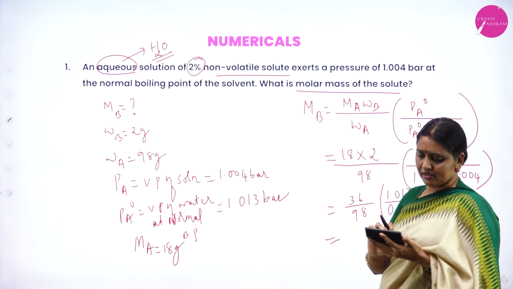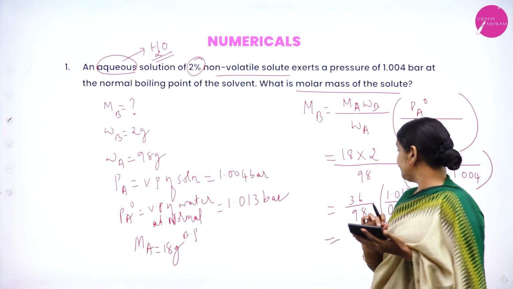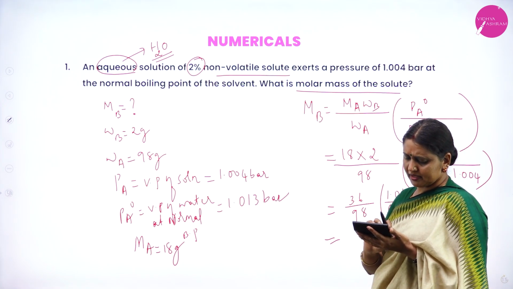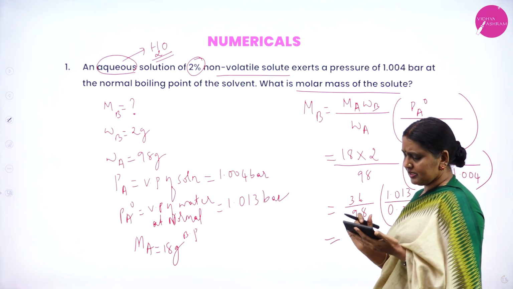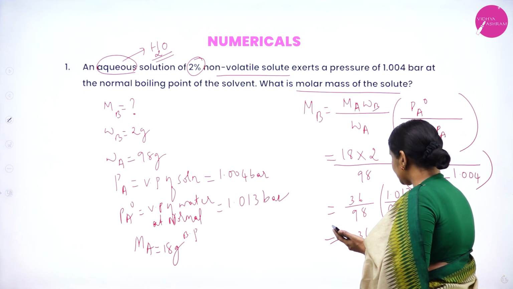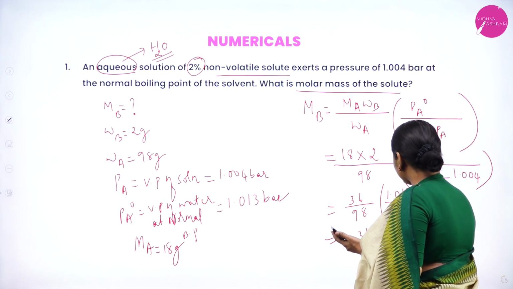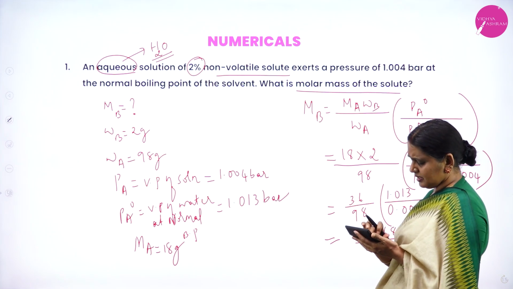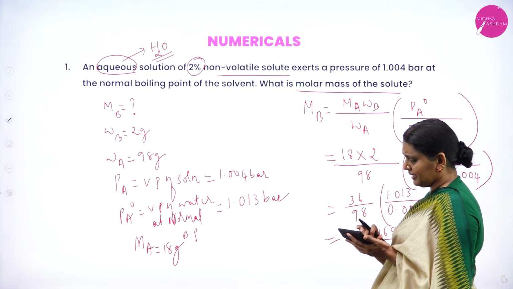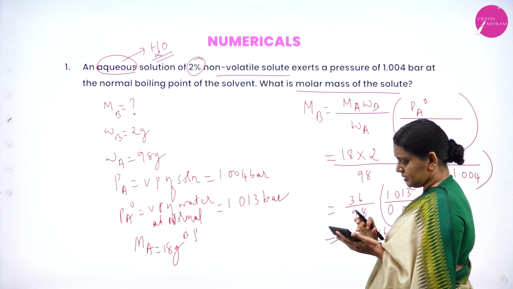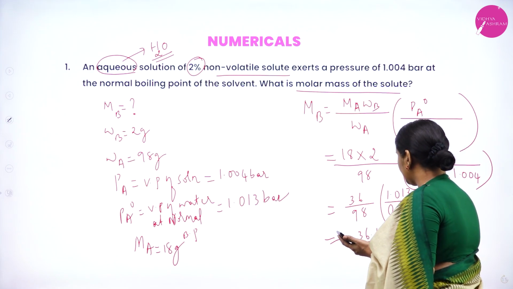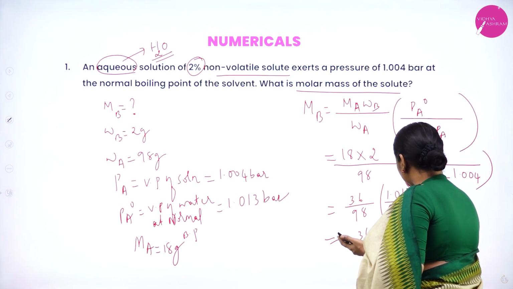Now 36 into 1.013 is equal to 36.468, divided by 98 into 0.009, which is equal to 0.882.